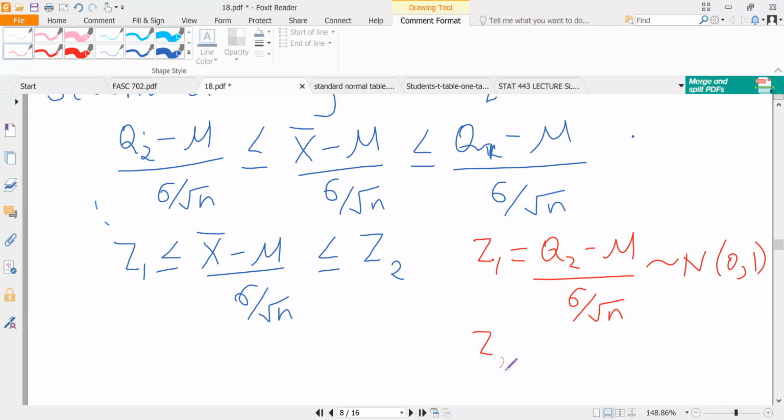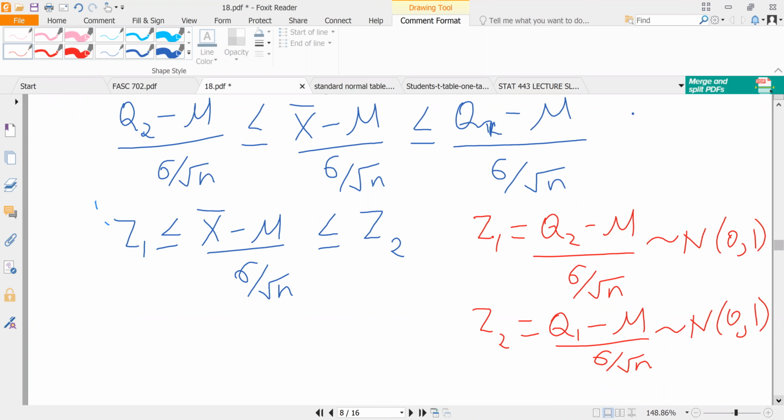Also, Z2, which is Q1 minus mu all over sigma divided by root n, also has a standard normal distribution. That is why, instead of writing all this, we just reduce them to Z1 and Z2, which are real numbers that we are going to use in identifying our interval.